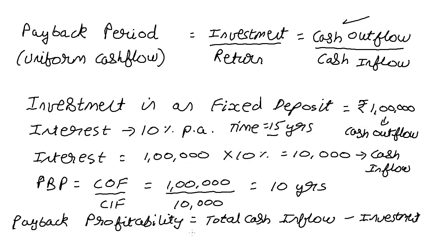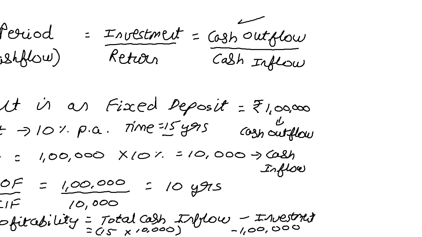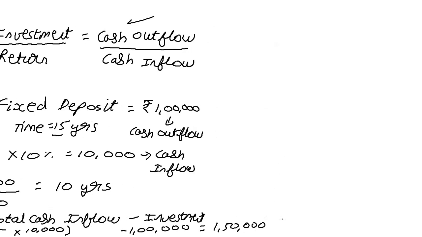That means we are going to be getting for 15 years 10,000 per year. So it's going to be 15 into 10,000 minus the investment of 1 lakh. That's 15 into 10,000, which is 1,50,000, minus 1 lakh. So we end up with a payback profitability of 50,000.